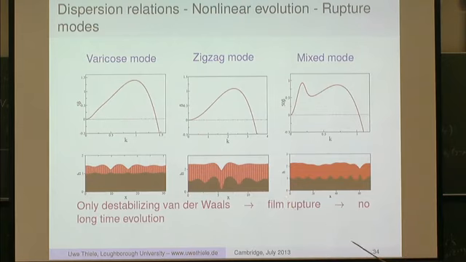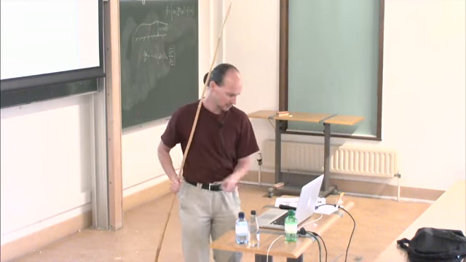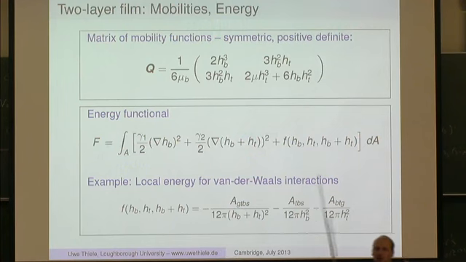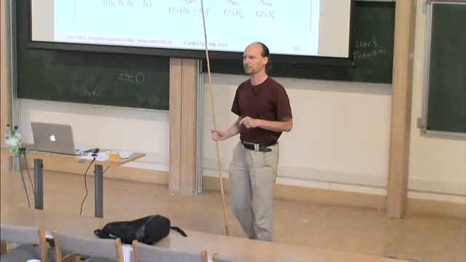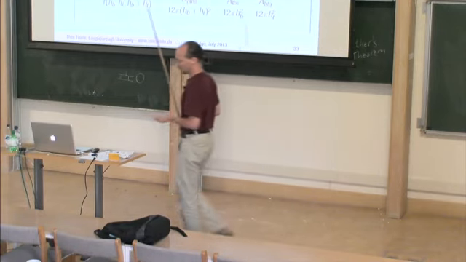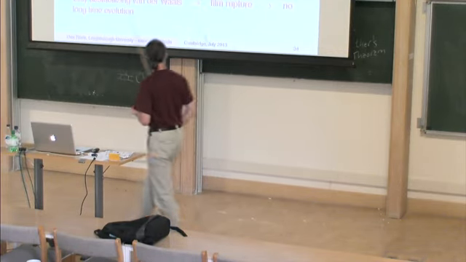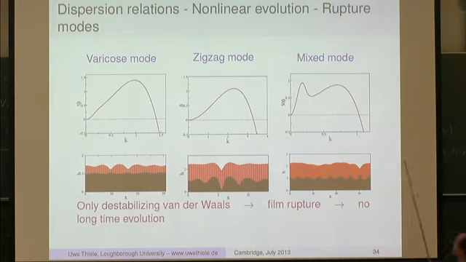And if you want to look at the long-term evolution, you would need to fix your energy and include short-range repelling terms that sort of stabilize ultra-thin films. However, what you cannot see in this system is that for certain parameters you actually find dispersion relations that have two maxima, and I picked here the one where they're of the same height.